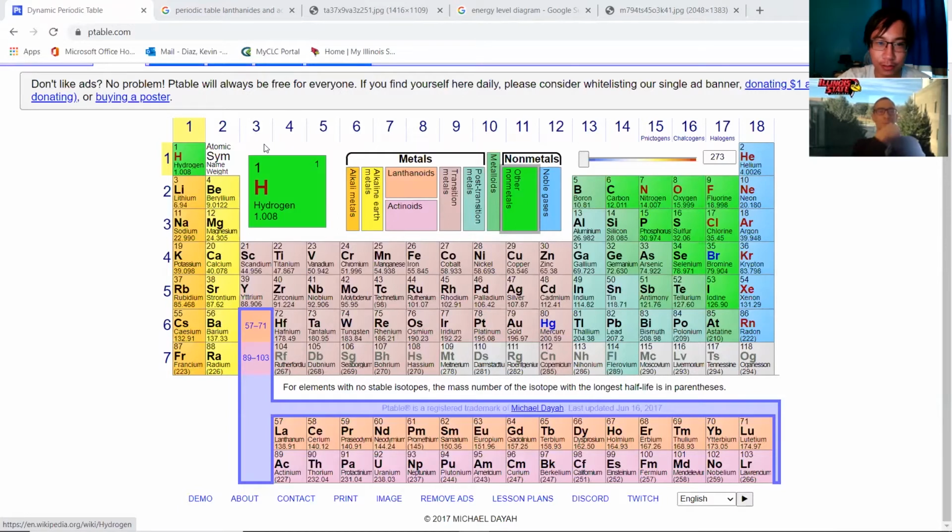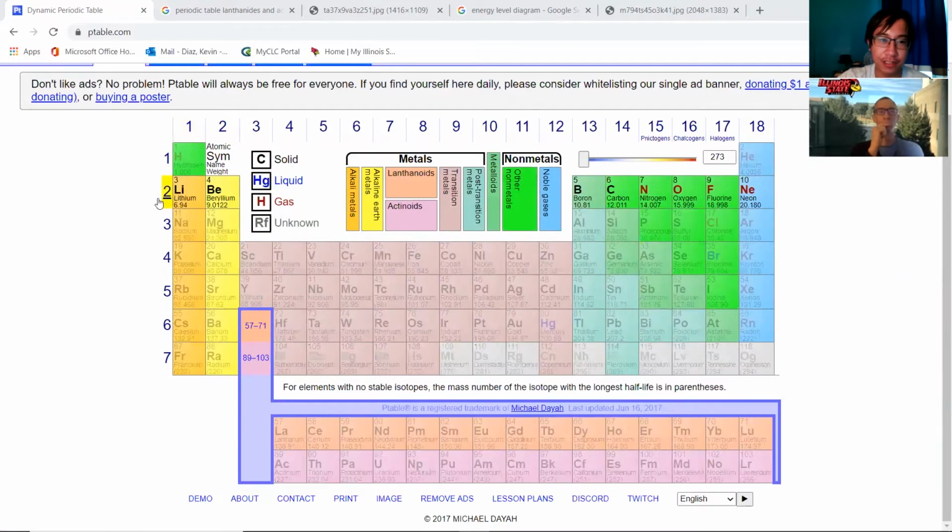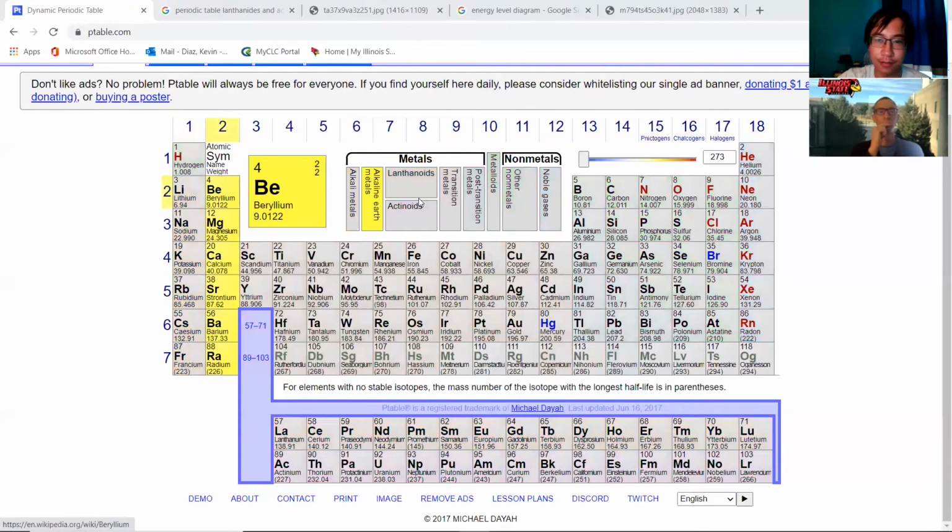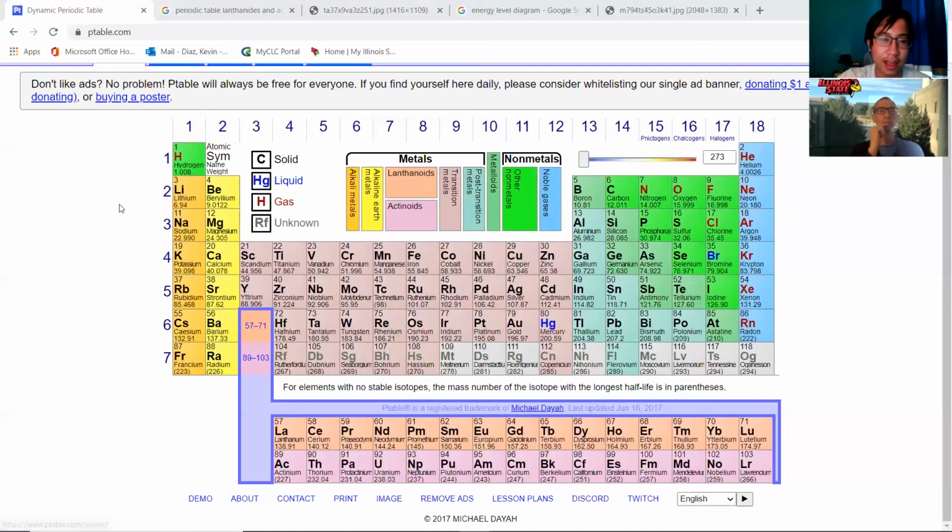And the table is organized by periods or the rows. So hydrogen and helium, they are in period 1, period 2, lithium, beryllium, and all these other elements I'm going over, and so on.